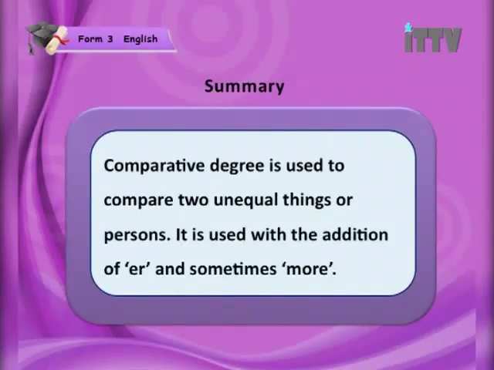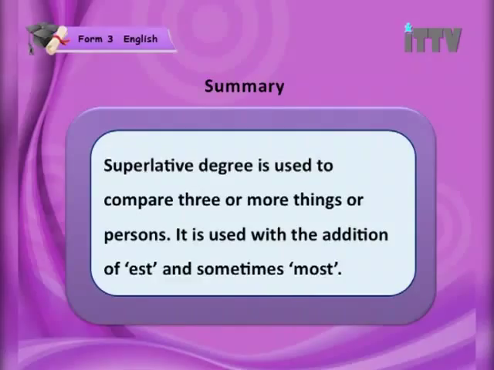Comparative degree is used to compare two unequal things or persons. It is used with the addition of er and sometimes more. Superlative degree is used to compare three or more things or persons.